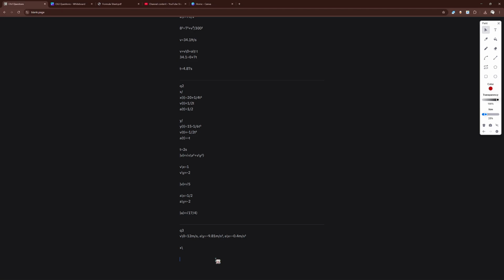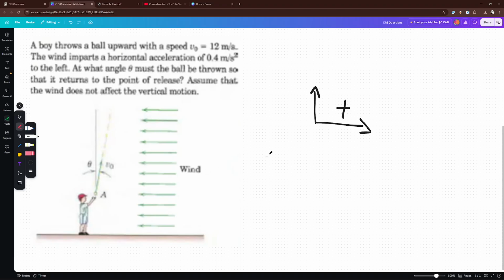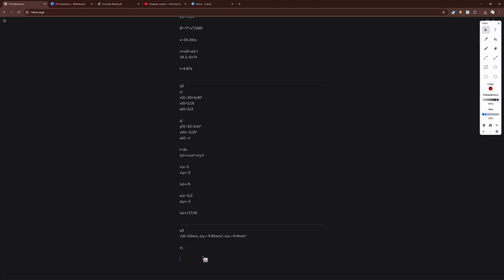We're gonna use our kinematic equations, right? And we're solving for theta here. And we need to keep in mind that the ball might be moving this way, but we're assuming it returns straight back because we want to find theta for this to happen. So that means that the final and initial position is going to be 0, right? It's going to be 0.